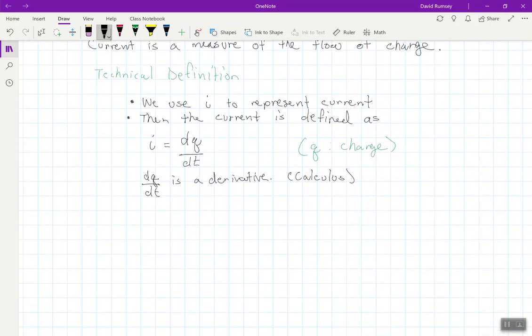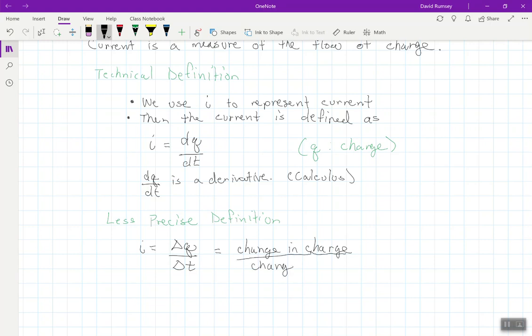So, a less precise definition is that current is equal to delta Q over delta T. This is the change in charge over the change in time.